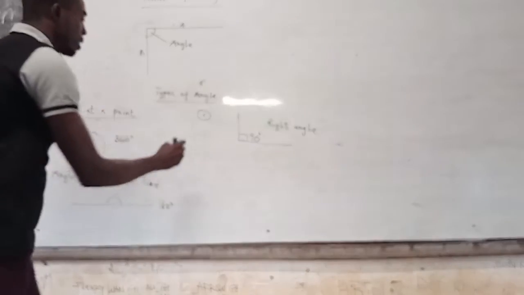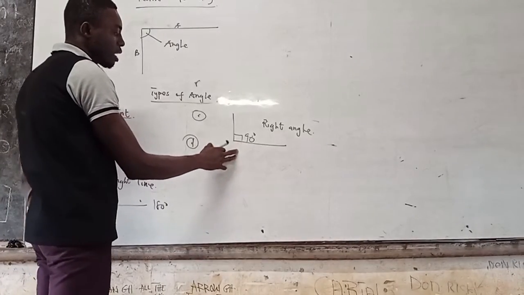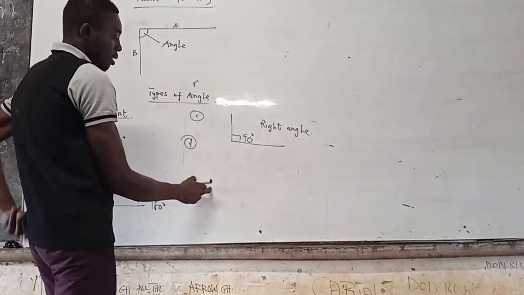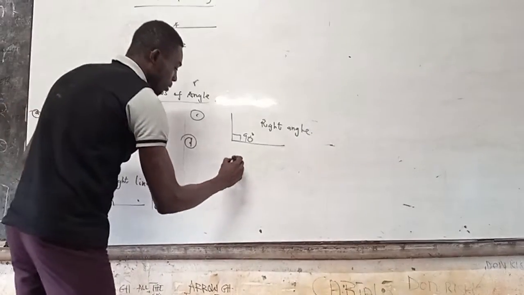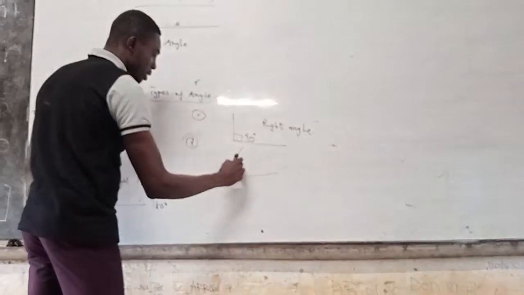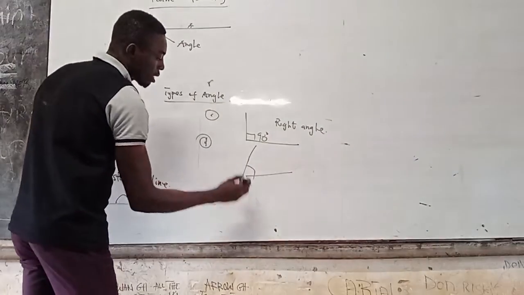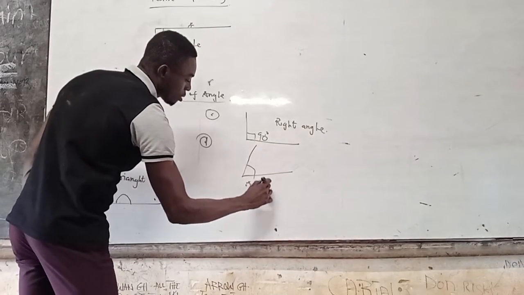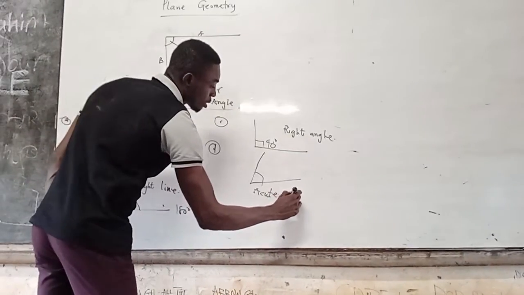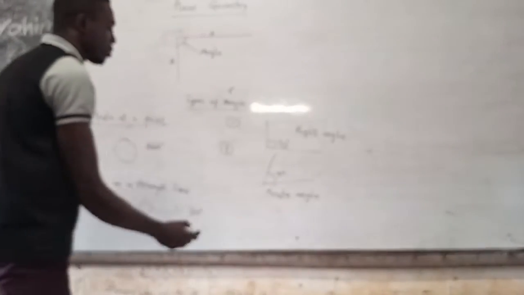When you divide a right angle, any angle that is less than 90, this angle that is formed here, we call it acute. So this is an acute angle.